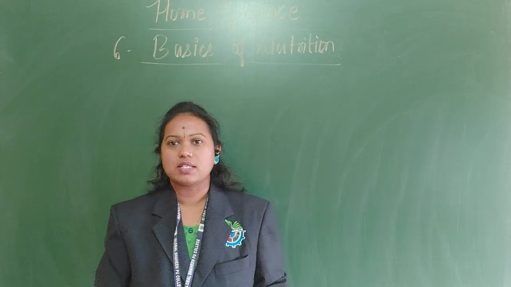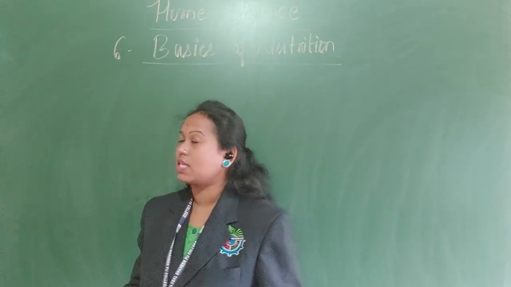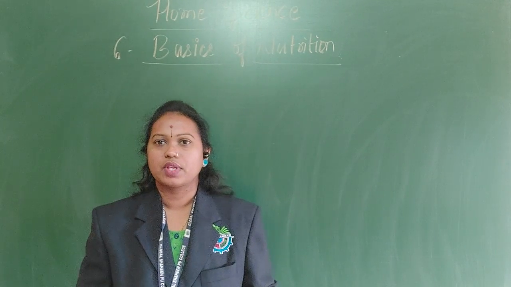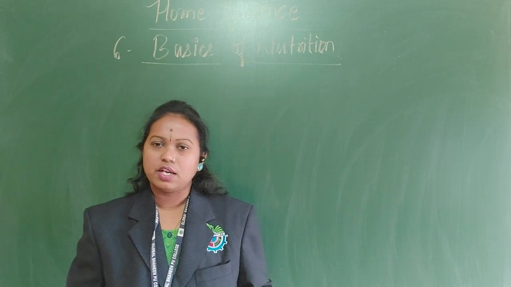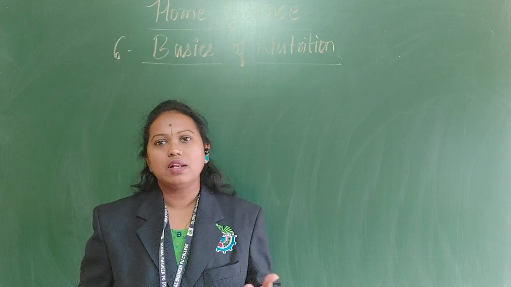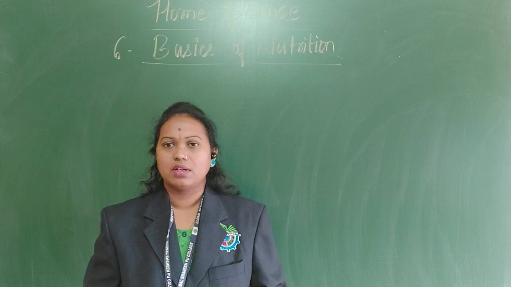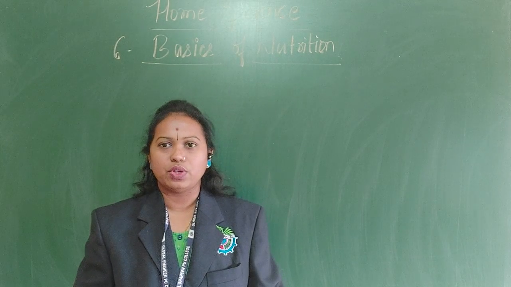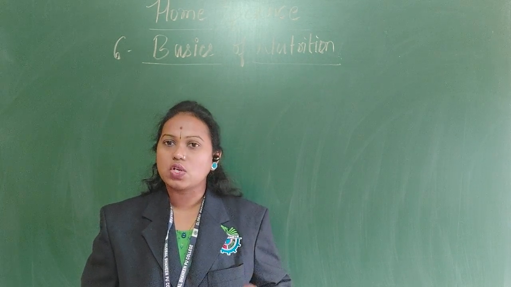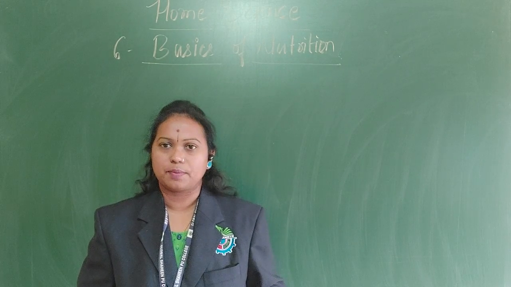From the last few classes, we are discussing the unit 6, basics of nutrition. In our previous class, we went through the mineral iodine. What do you mean by iodine? Iodine is a constituent of thyroxine.